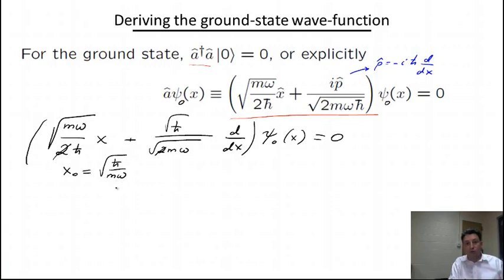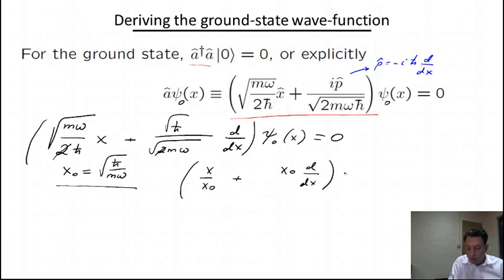So this is in some sense a natural length scale for the harmonic oscillator problem. It is convenient, therefore, to rewrite my equation in the following form: x over x naught plus x naught times d over dx. And this whole thing acts on the wave function psi of x, and we want to produce 0.